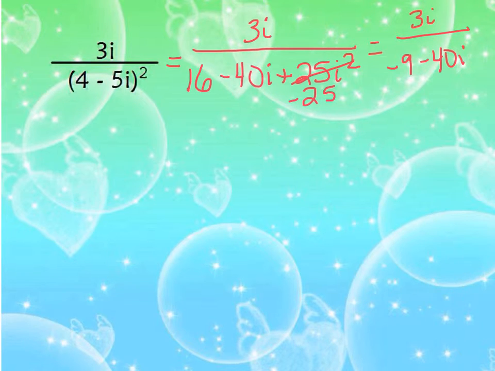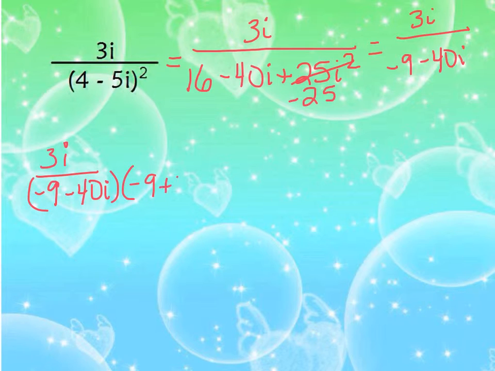And so all of that was just pre-work. Now what we have to do is multiply by the conjugate to get rid of the i in the denominator. So I have my negative 9 minus 40i, so I'm going to multiply by the conjugate, negative 9 plus 40i.